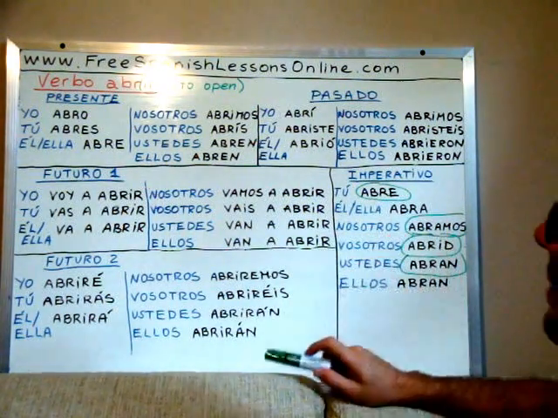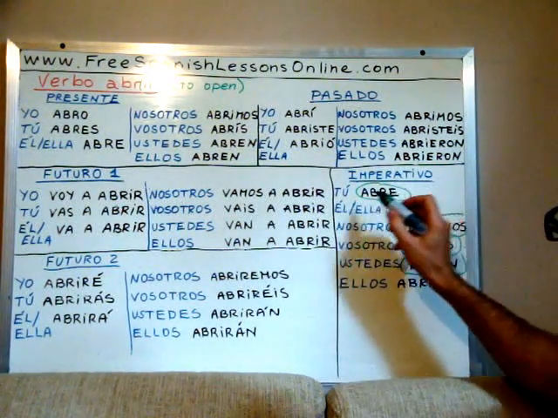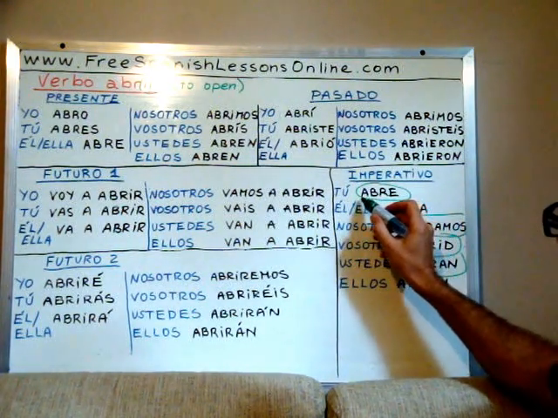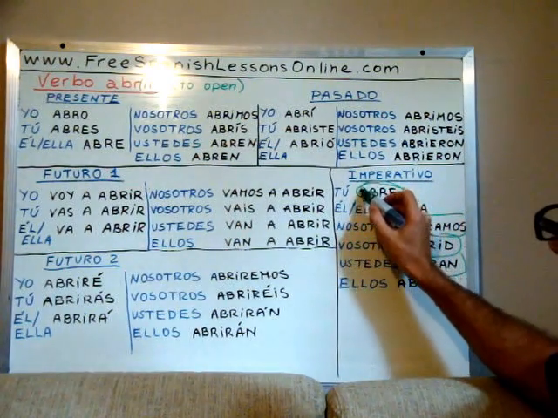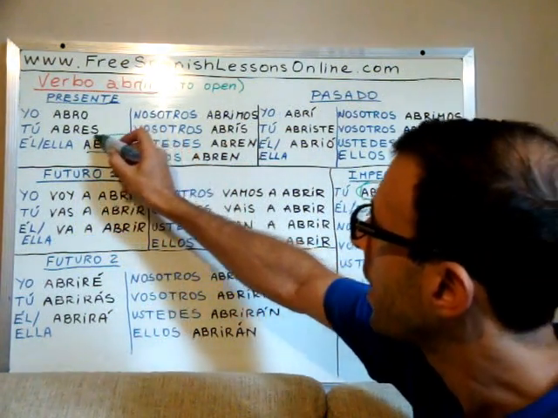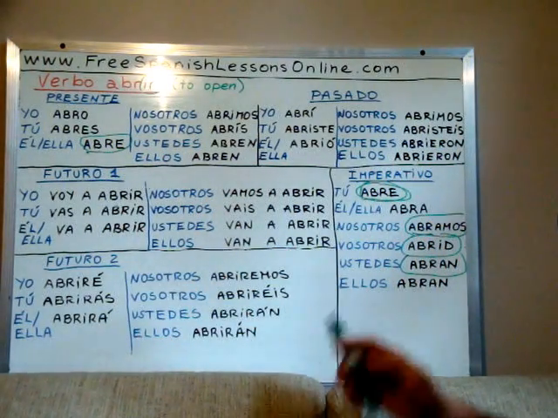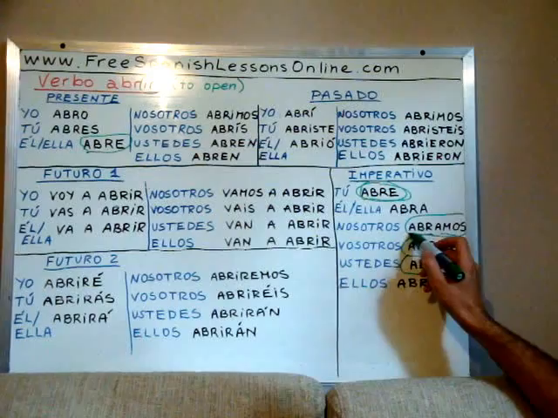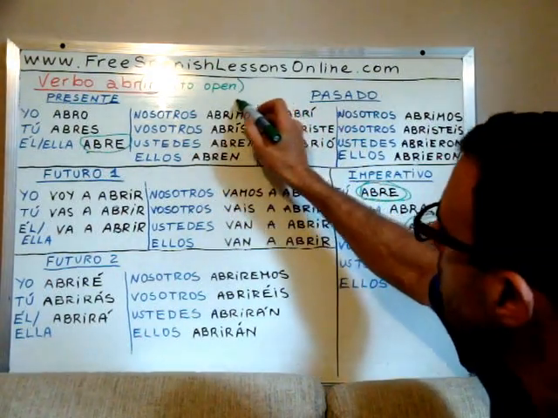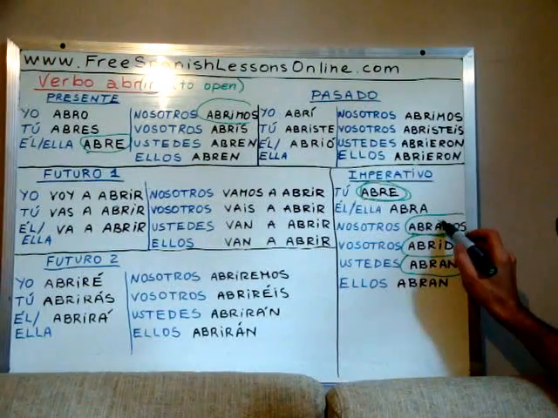Now take a look at these similarities. In the imperative, the second person, for you, is exactly the same as the present for the third person, okay? For we, it's similar, only that we change the I for an A here, okay?